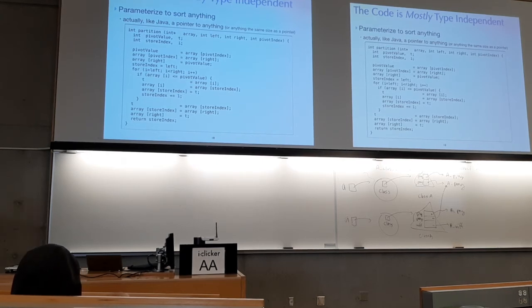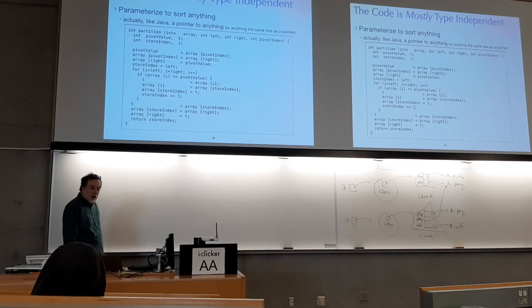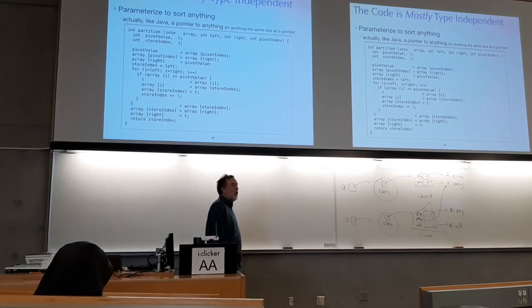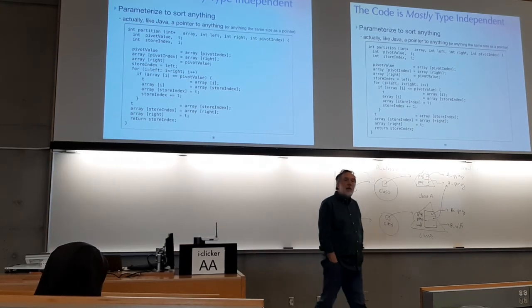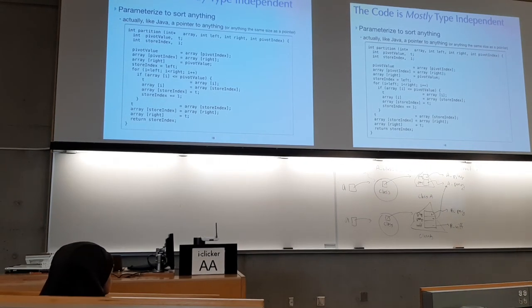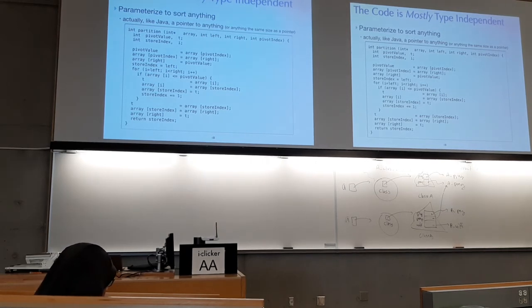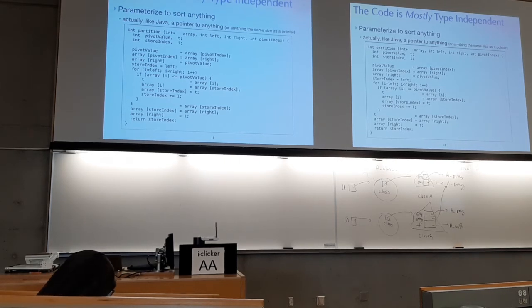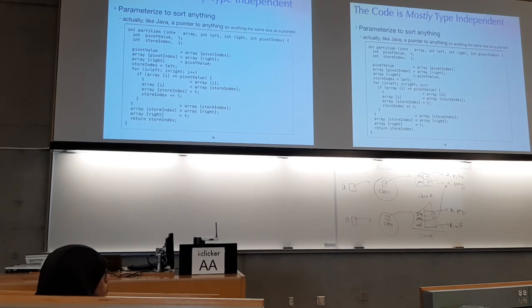Okay, so the main thing that's happening here with elements of the array is just copying them from one location in the array to another location, or into the pivot value variable that has to be the same type as elements of the array. The pivot value is an int because elements of the array are ints.